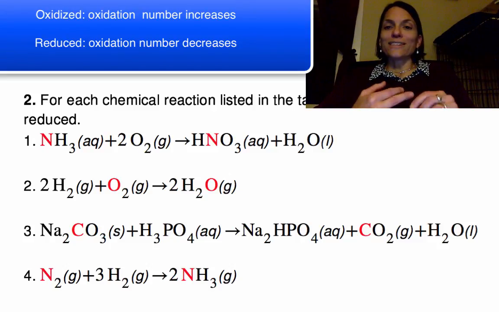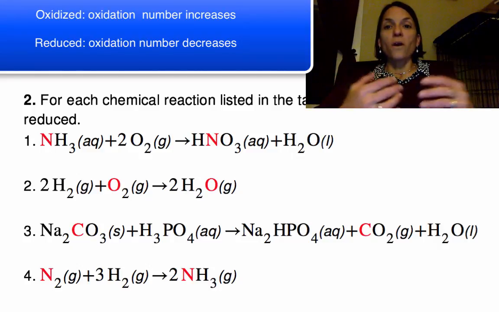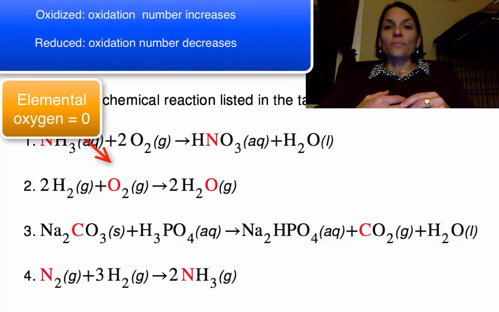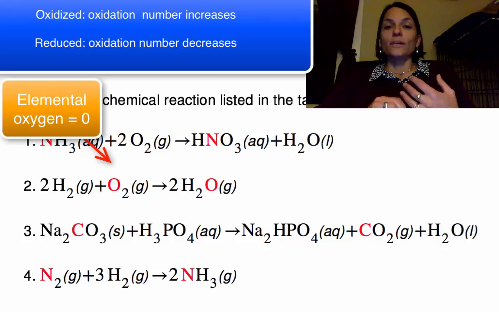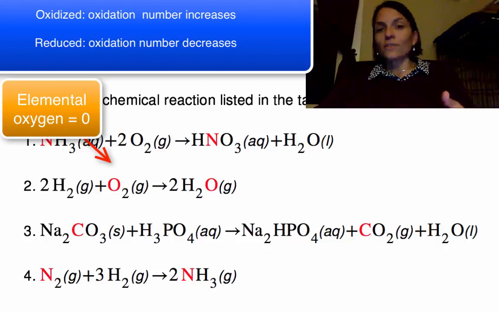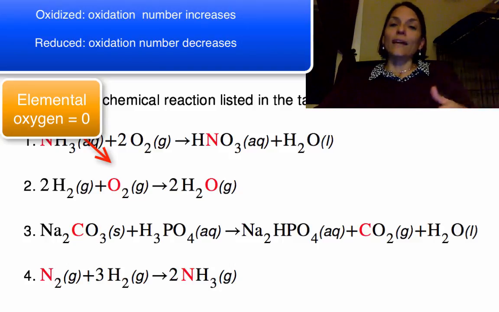Number 2, this is the classic combination reaction between hydrogen and oxygen to make water. Both the hydrogen and oxygen as reactants are zeros because they are in their elemental state. So if we start with oxygen as a 0, then what is it when it's in the water?